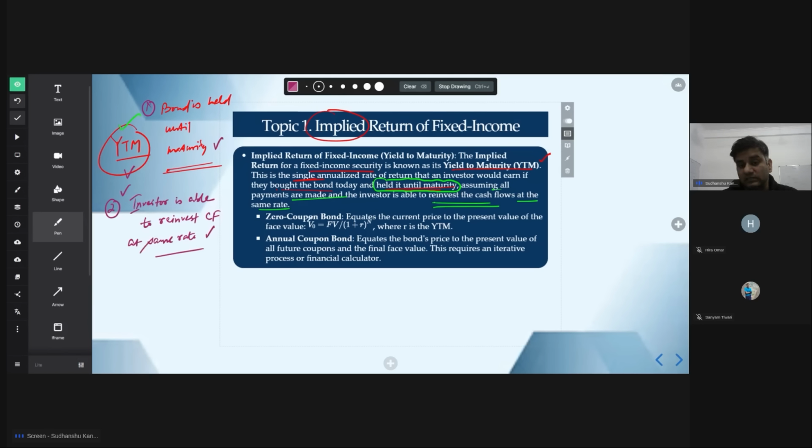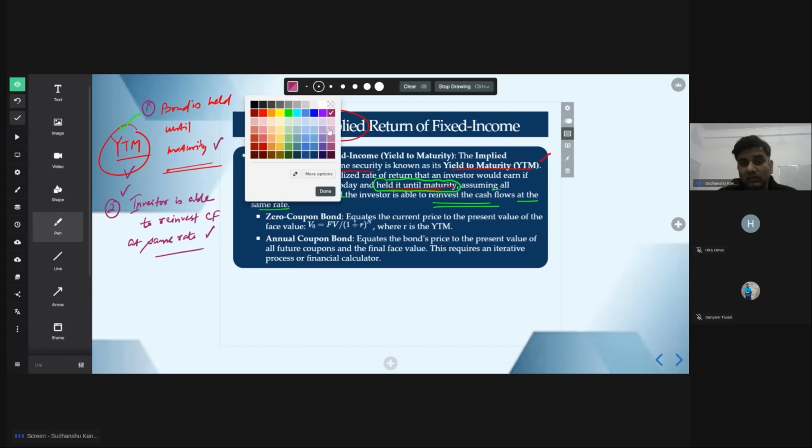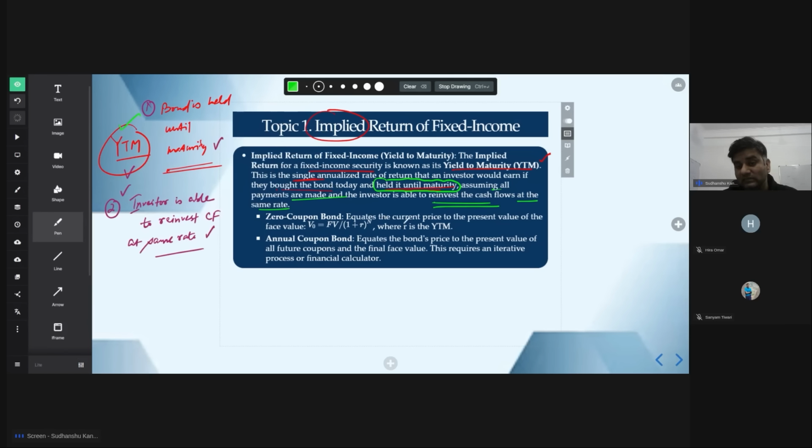And next, the same thing I taught you yesterday: YTM equates the bond price to the present value of all future coupons and the final face value.